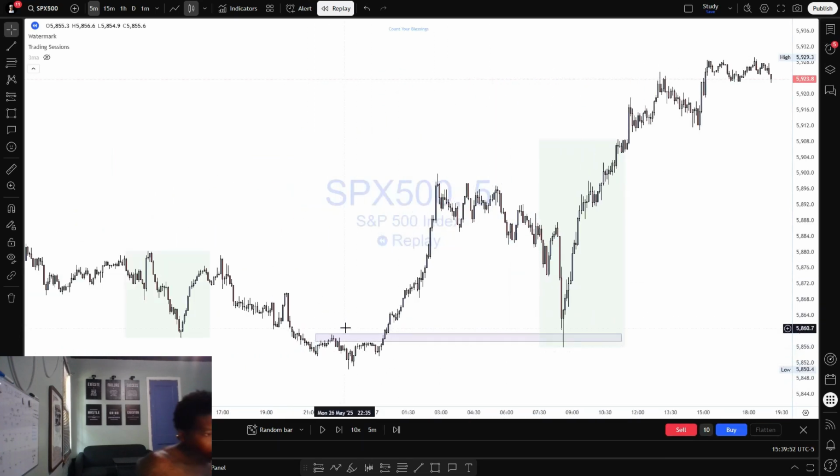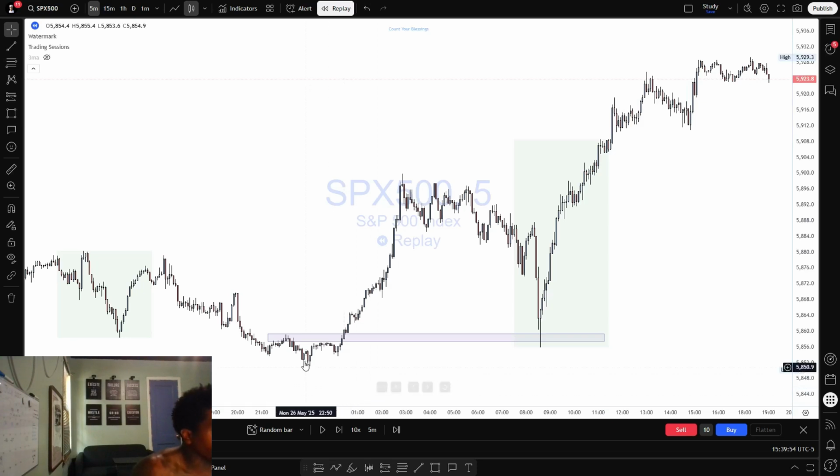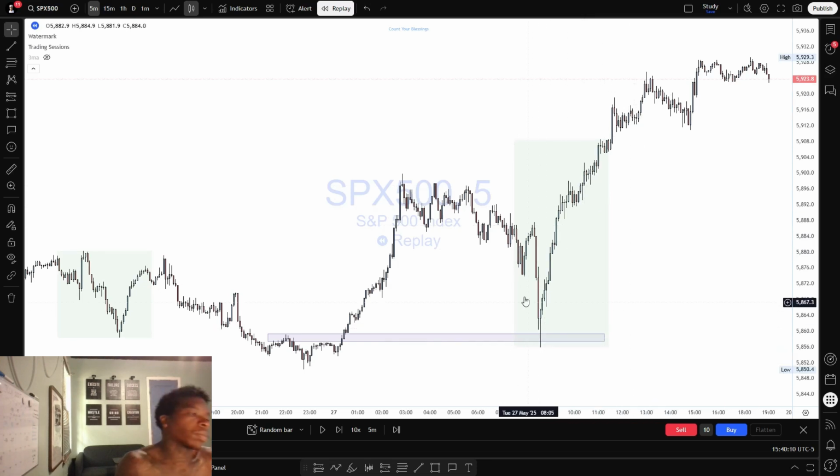This right here was the break of structure. This was the last point of that downtrend, and price never came back to retest it. It came back, retested, and immediately went up.